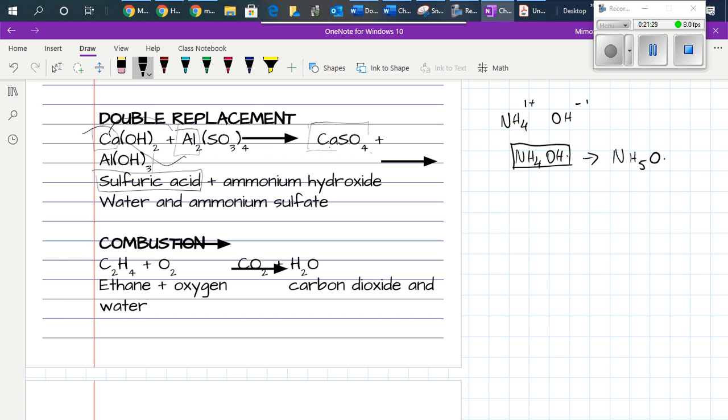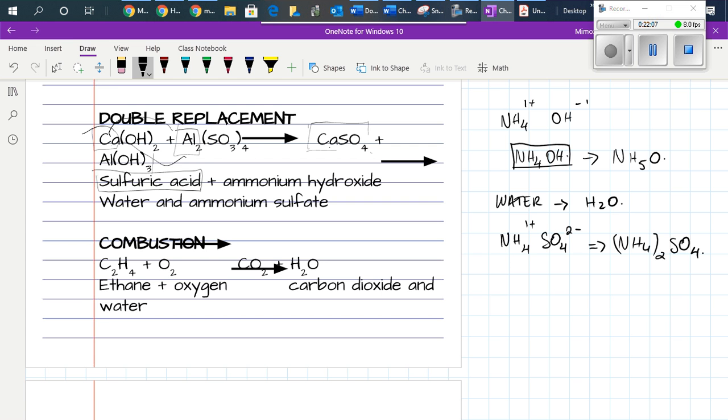Okay, so now let's write the formulas for the products. Water we know is H2O. And now what is the ammonium sulfate? Ammonium, we said, is NH4 1+, and sulfate is SO4 2-. So this will be (NH4)2SO4. Good.